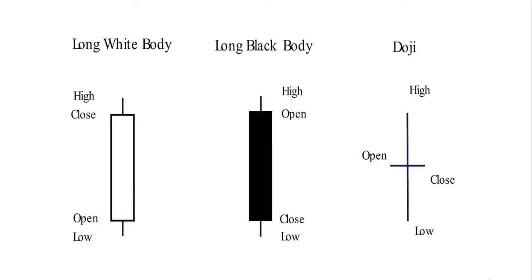So first we'll see the long white body candlestick. This is the body, and these are the 4 prices: open, close, high, and low. And this is the shadow, also called wick. Then the long black body, and this is the open, close, high, and low.